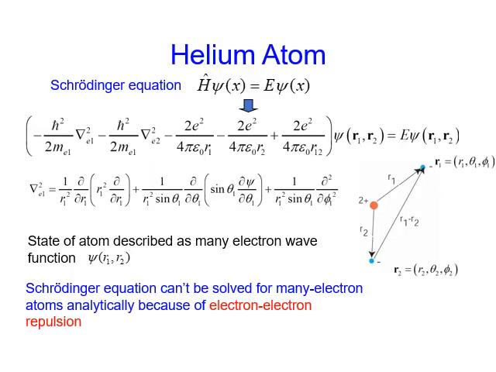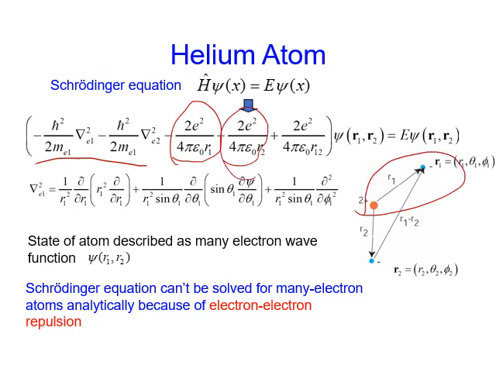Here is the Schrödinger equation for the helium atom. We have the kinetic energy operator for the two electrons, the potential energy operator due to the attraction force of the nucleus and electron 1, the potential energy operator due to the attraction force of electron 2 with the nucleus, and the potential energy operator due to the repulsion force between the two electrons.